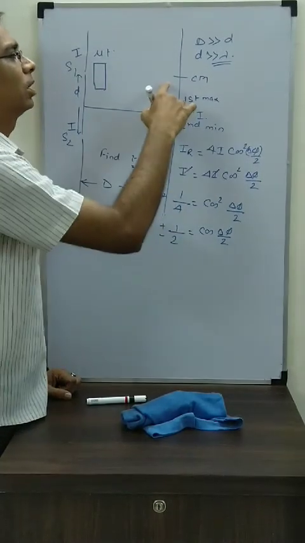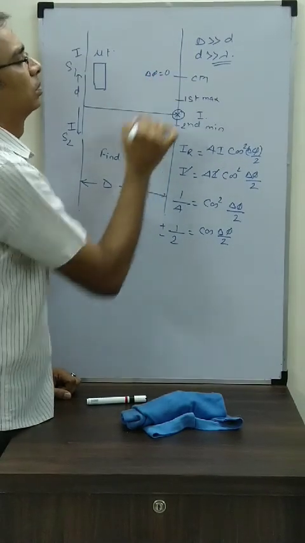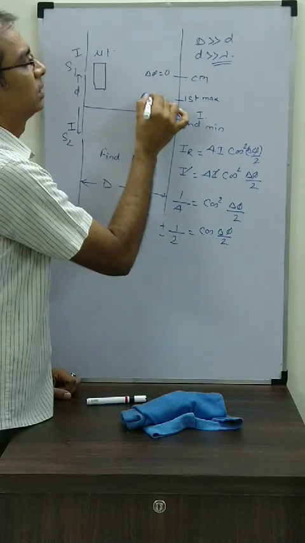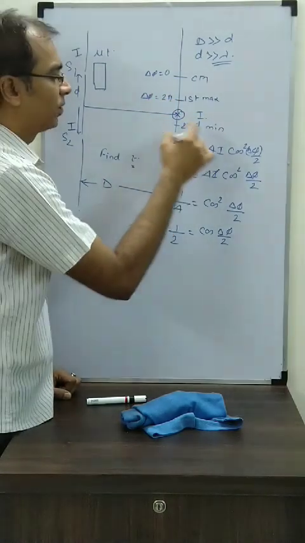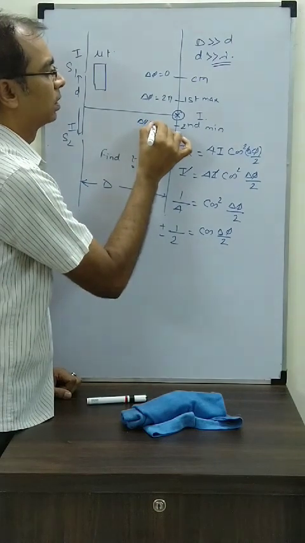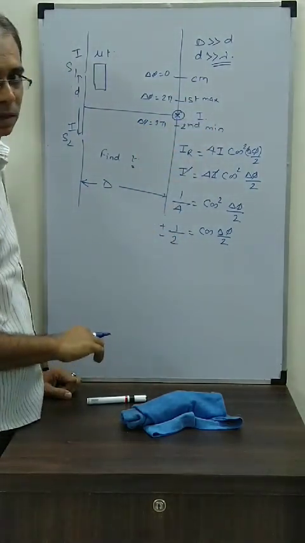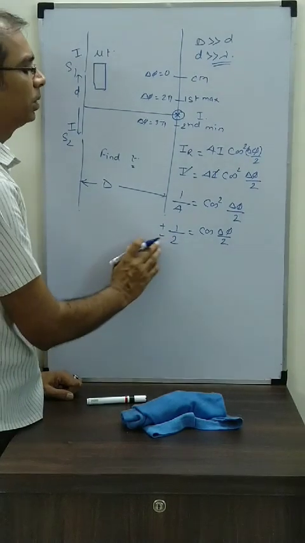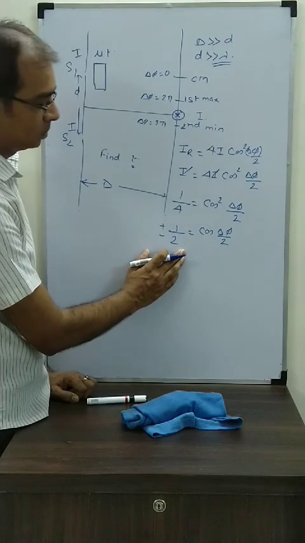So when you talk about central maximum, what is the phase difference here? 0. First maximum phase difference 2 pi. Second minimum phase difference 3 pi. So that means this point over here is between 2 pi and 3 pi. Normally, what will the value of 1 by 2 be associated with? 5 by 3.